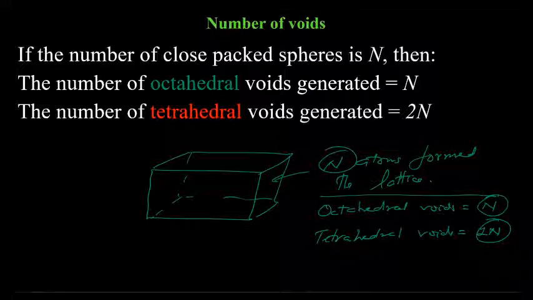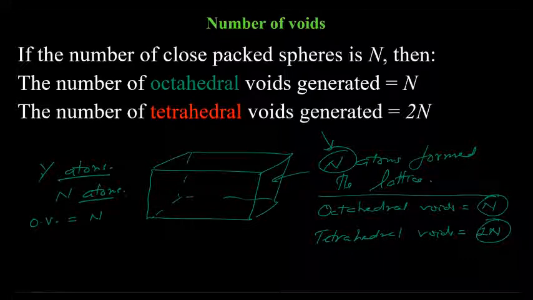Now this question was that there are some Y atoms which formed the lattice. The question says Y type of, so Y may be any element, okay? We are talking about any chemical element forming the lattice. And we assume that there are such n atoms in the lattice. Then octahedral voids will be n. Tetrahedral voids will be 2n. In this question, we don't need tetrahedral voids. It is given that the X type of elements are in octahedral voids.